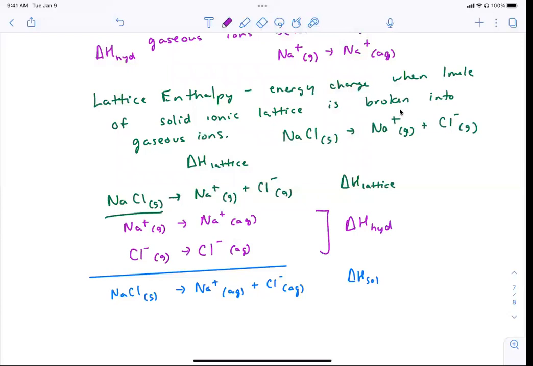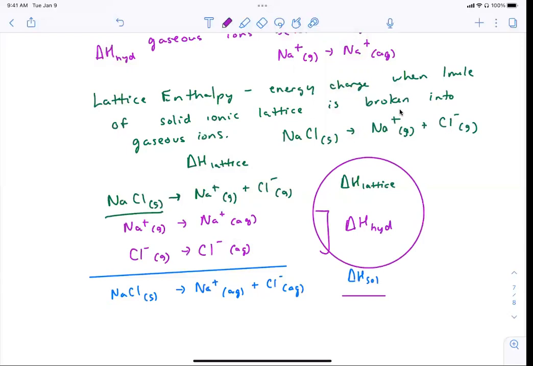No, the water is not involved in the reaction, it's just the environment. So these add up to this.